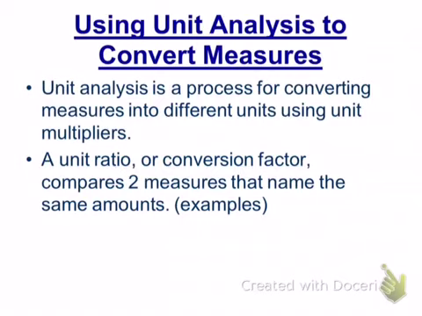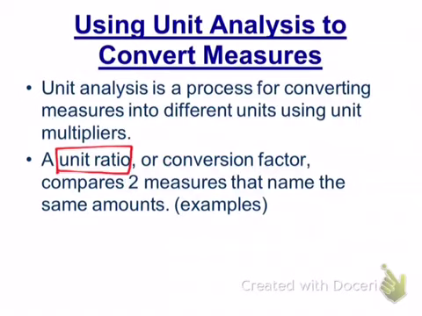Unit analysis is a process for converting measures into different units using unit multipliers. A unit ratio is a ratio that has a value of 1, or a conversion factor compares two measures that name the same amount.